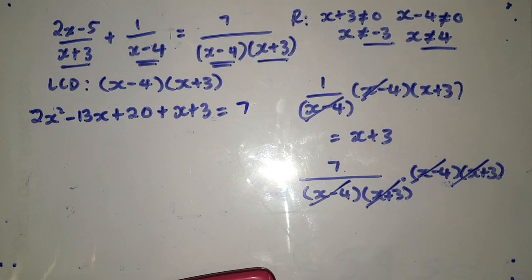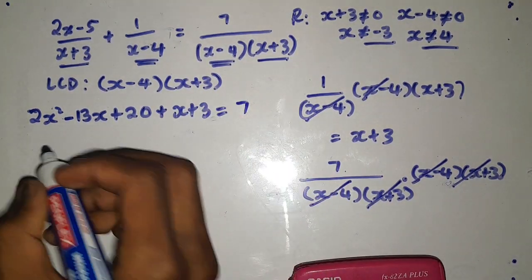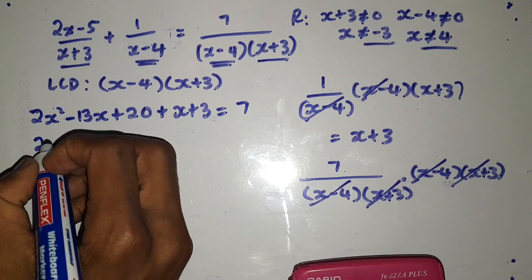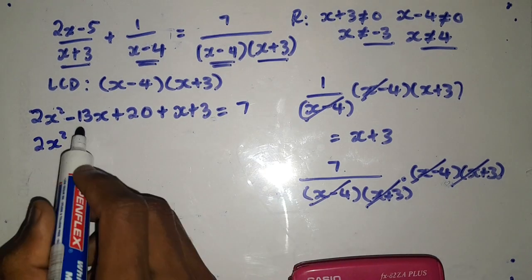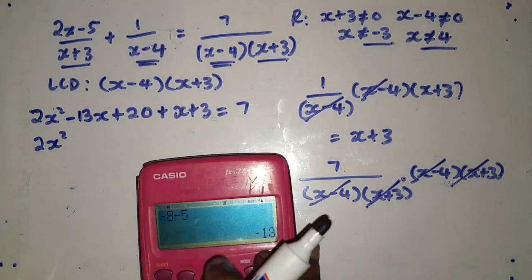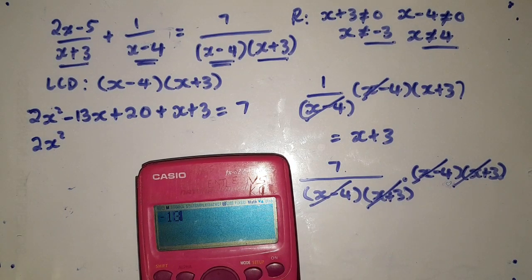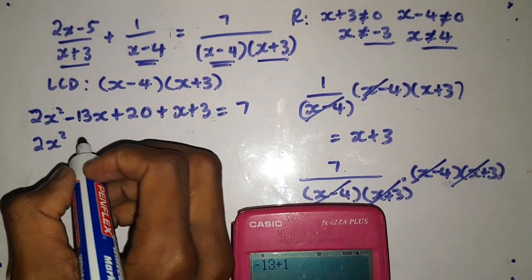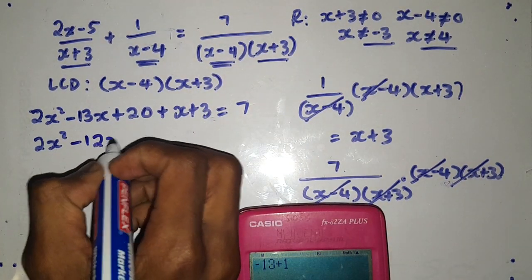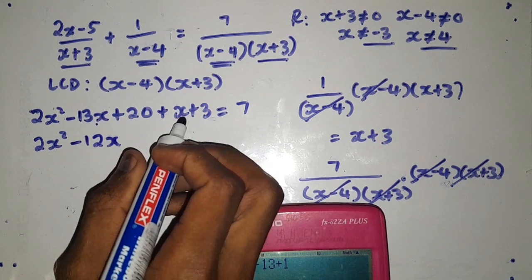From here, you take 7 to this side. Then you're going to have 2x squared, minus 13 plus 1 plus this x, you get minus 12x. These are our like terms.